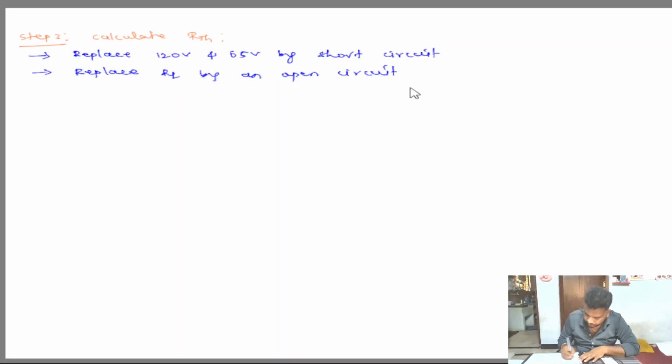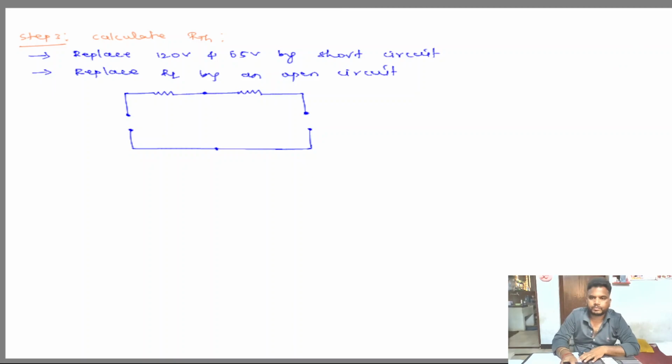Yeah, draw the circuit. Two voltage sources can be replaced by short circuit and replace RL by open circuit. And in between the open circuited terminals, we are finding RTH.